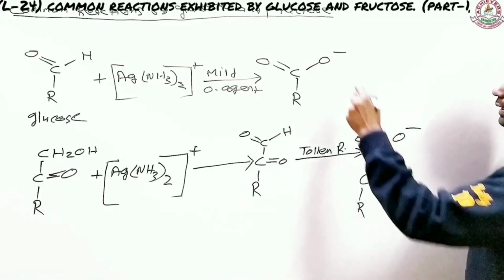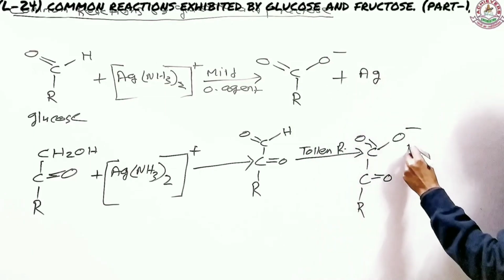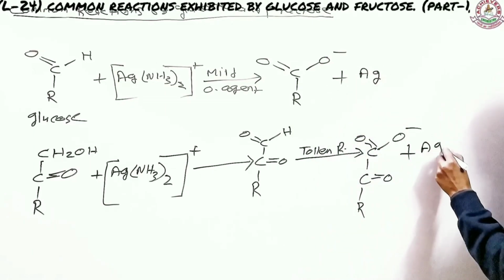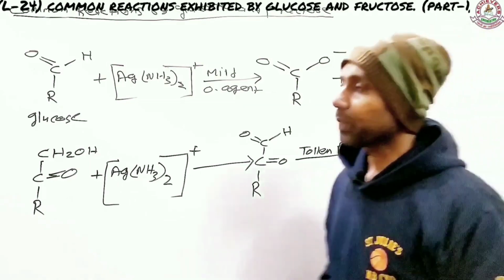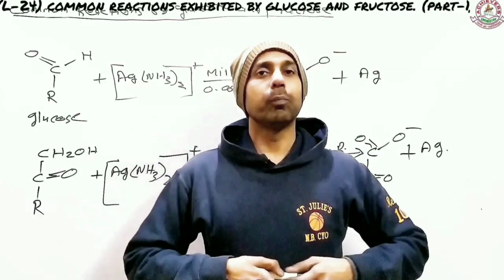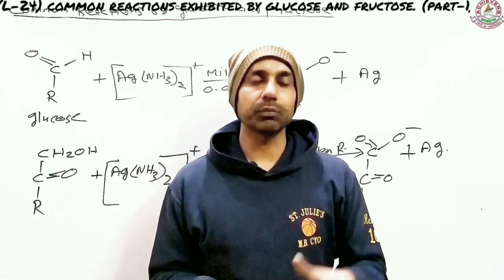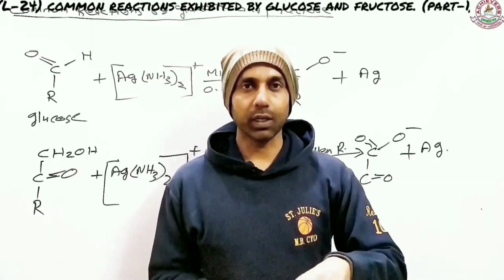Along with that, you also get Ag. Similarly, here you will get Ag as well. So this is how I would conclude: both glucose and fructose exhibit a positive result with the Tollens test.